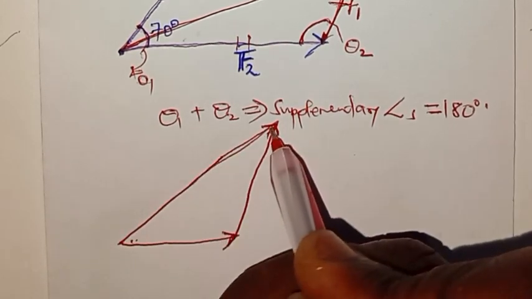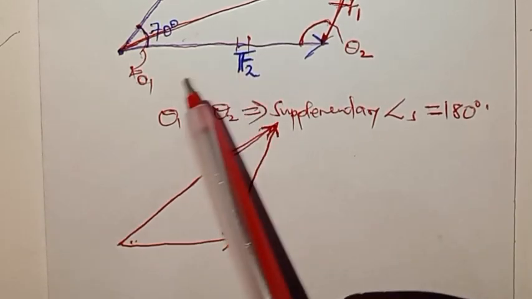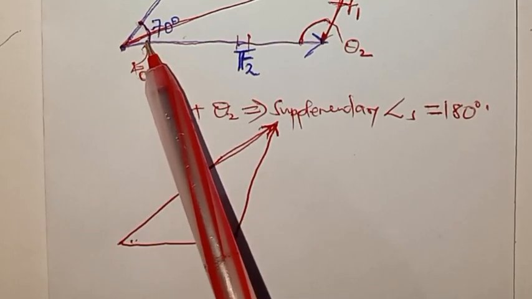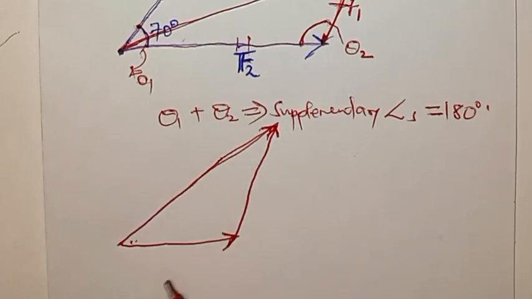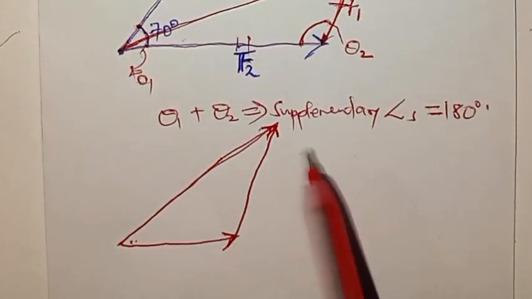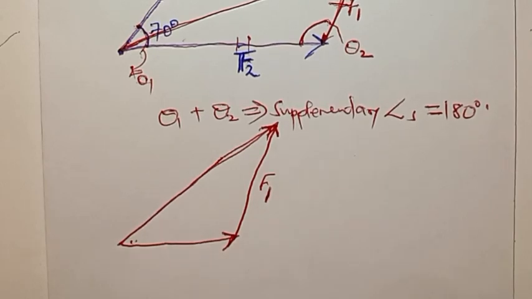So it looks like this. The angle between F1 and F2 was 70 degrees. After transfer to the other side, F1 becomes this side and F2 remains here.